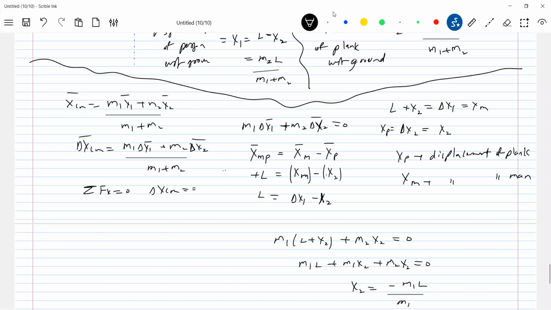Minus m1L by m1 plus m2. What do you mean by negative? The plank will shift towards left. Try to analyze the symbols. Look at these symbols here. Displacement of man with respect to plank equals displacement of man minus displacement of plank. xm is delta x1. x2 is xp, that one. Delta x2 or x2 or xp.